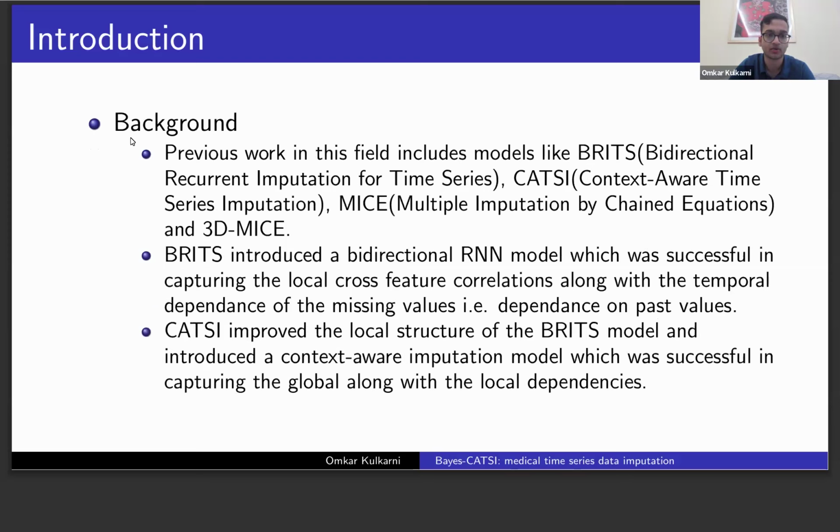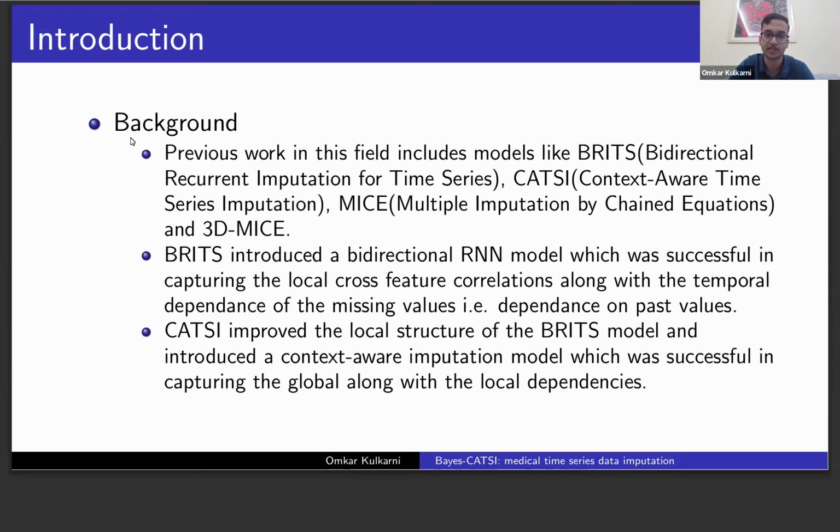Now coming to the background, previous work in this field includes models like BRITS, CATSI, MICE, and 3D MICE. I'll elaborate on each of these.